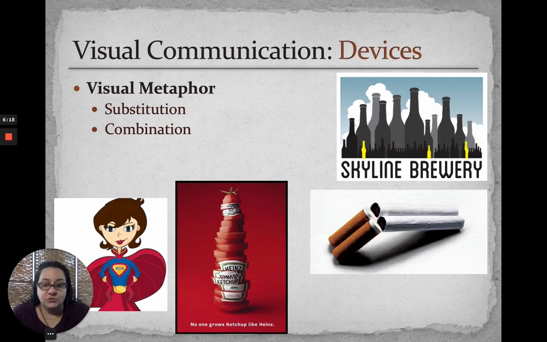Another one that I think is really effective is this ketchup ad. Obviously we know that ketchup comes from tomatoes, but the fact that they made the ketchup bottle look like a stack of raw tomatoes puts that combination together: we identify what's inside, but it is so close to the source. That's what they're trying to communicate.